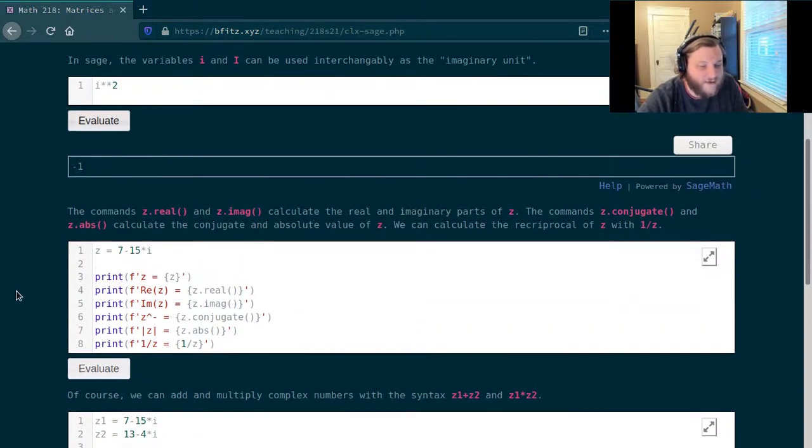We can now incorporate that into the definition of a complex number, and we can do a whole bunch of things with complex numbers. Here I'm defining the complex number 7 minus 15 times i.